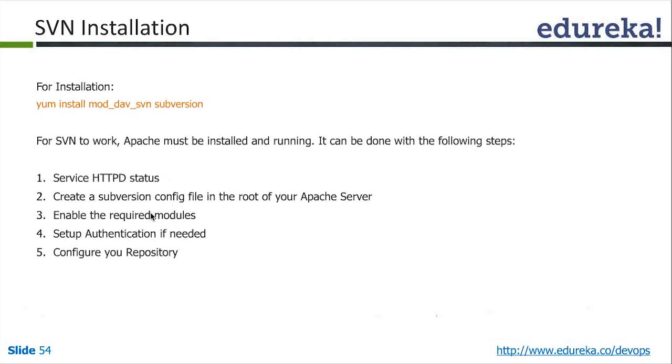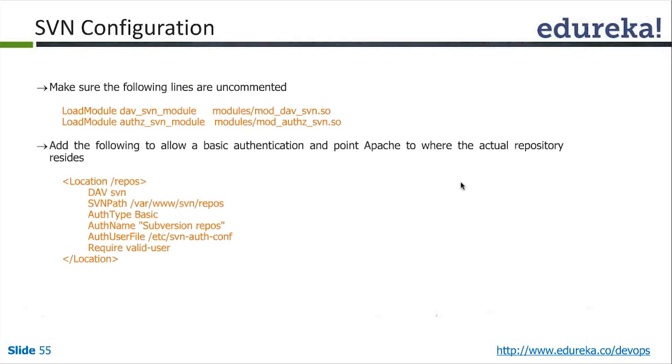Git is the preferred way, but if you want to use SVN, we can do that as well. As with your Apache, you have some modules directly related to SVN, so we need to unhash them and add the following into your basic authentication in Apache, and point Apache to where your actual repository is. This way you are getting your authentication in place as well as your path to where your repos are sitting for your files.